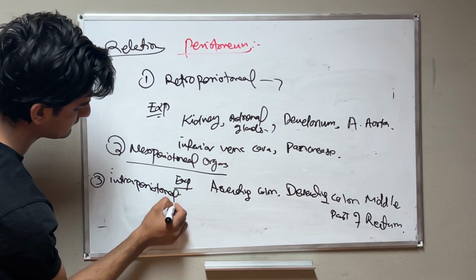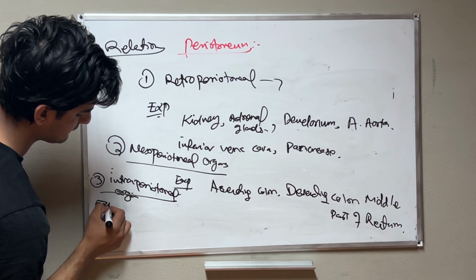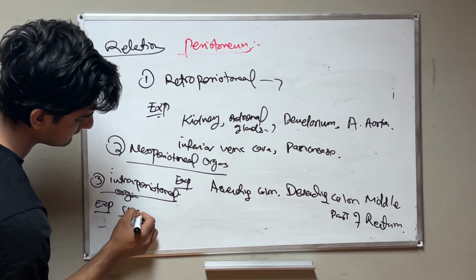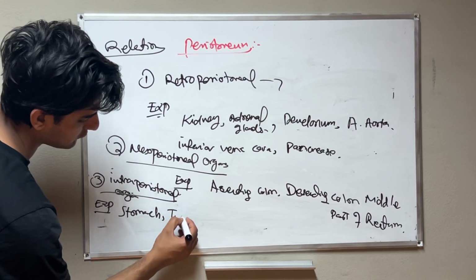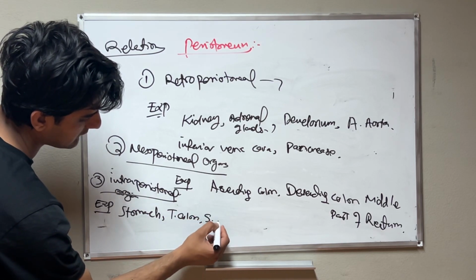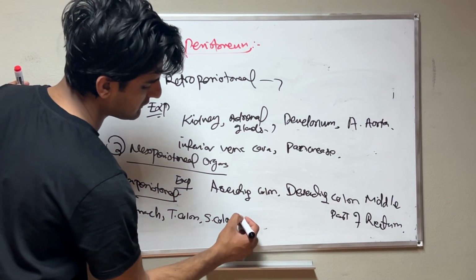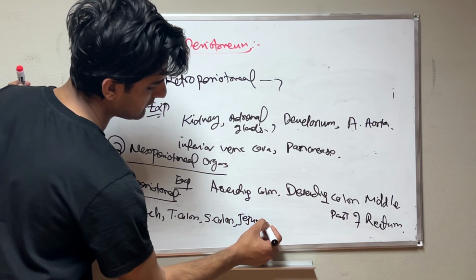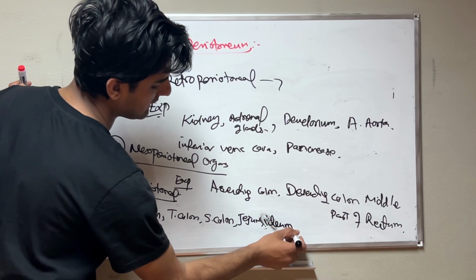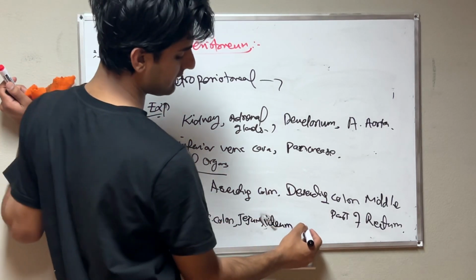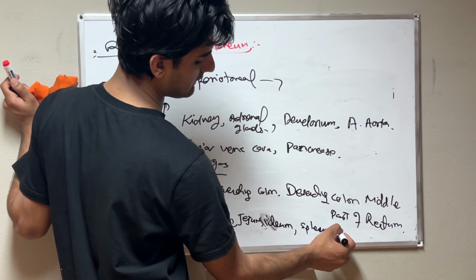For example, first we have the stomach, then the transverse colon, sigmoid colon, then the jejunum, and ileum, because these are mesenteric organs, and spleen and liver.